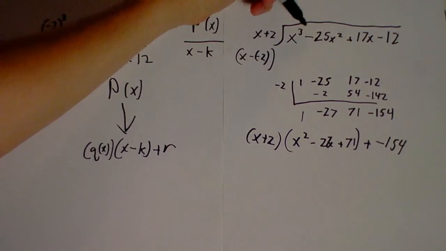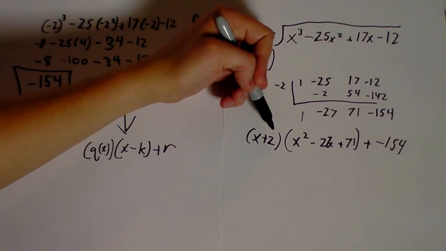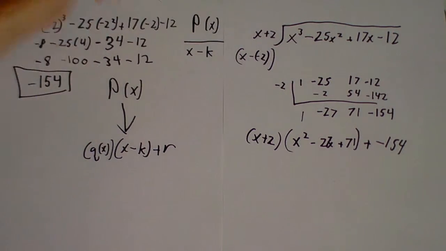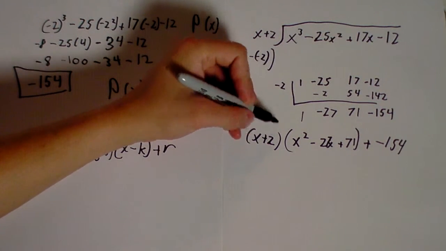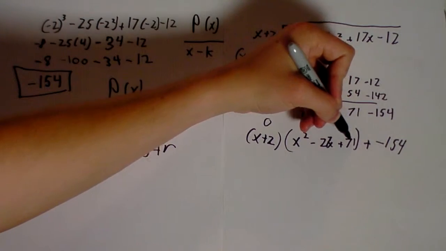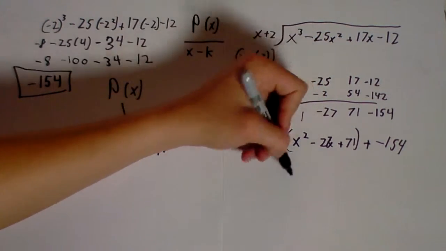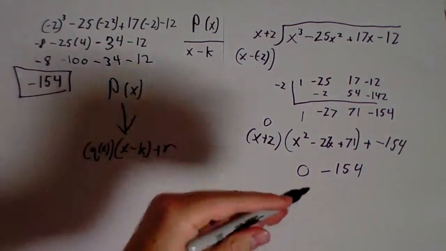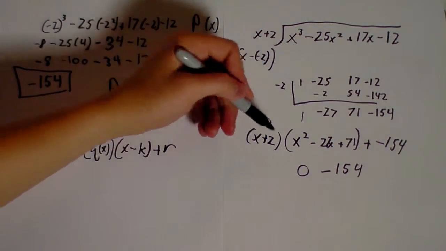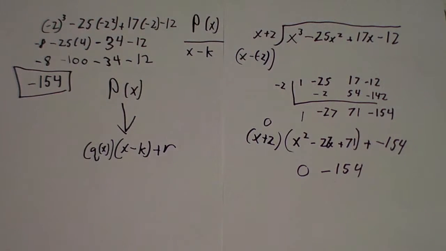See, here's the thing. If this number can be rewritten this way, then the polynomial at negative 2 is going to be negative 2 plus 2, which is 0, times this whole thing, which 0 times anything is 0, minus 154. So the polynomial at negative 2 will just be 0 plus the remainder.